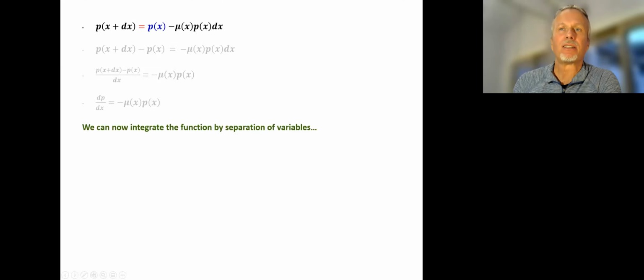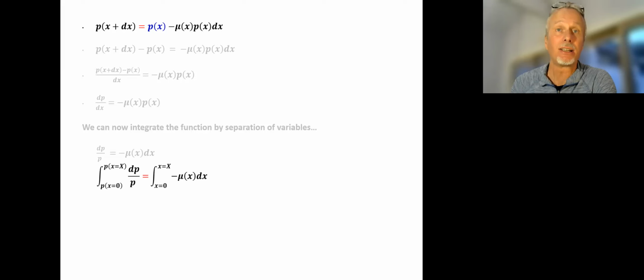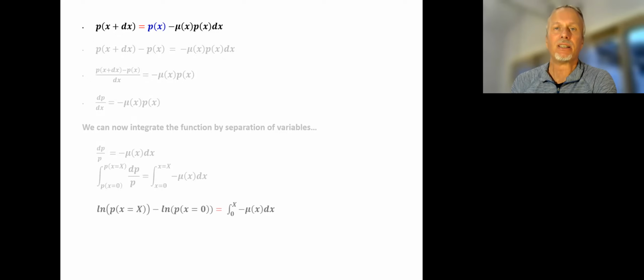We can now integrate this function by separation of variables, so we divide each member by p of x, and we get dp over p equal to minus mu of x dx. Then we integrate from p of 0 to p of capital X of dp over p, equal to the integral from 0 to capital X of minus mu of x dx.